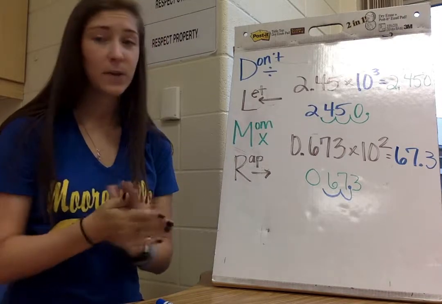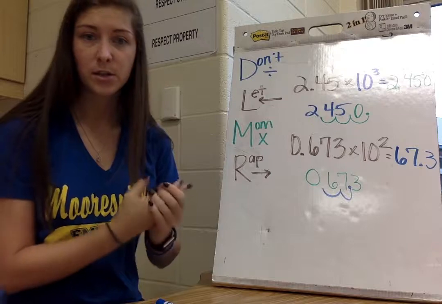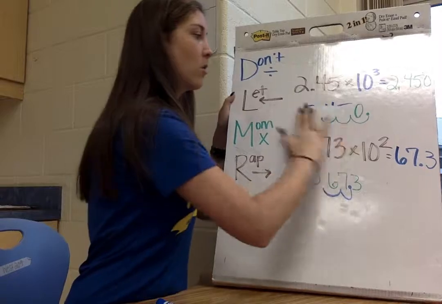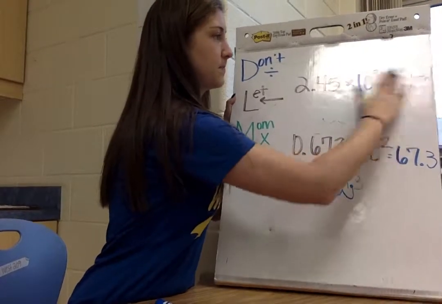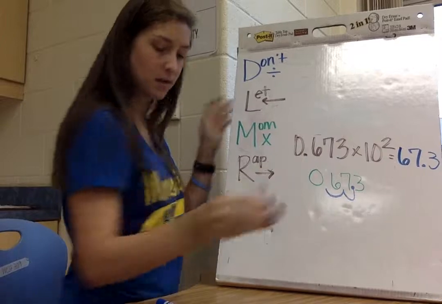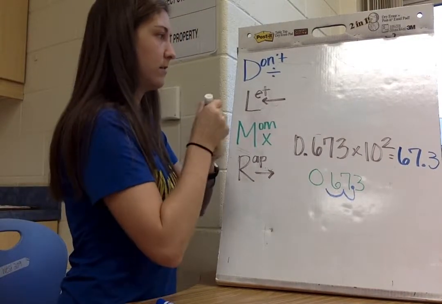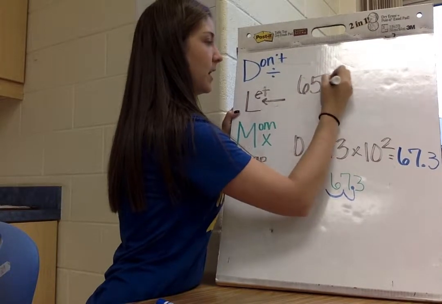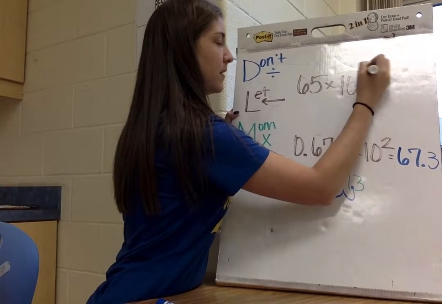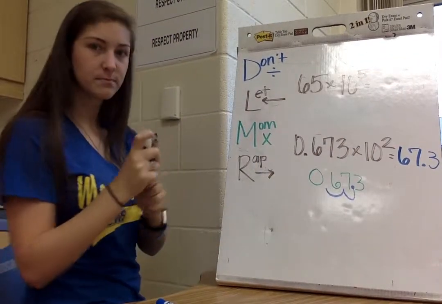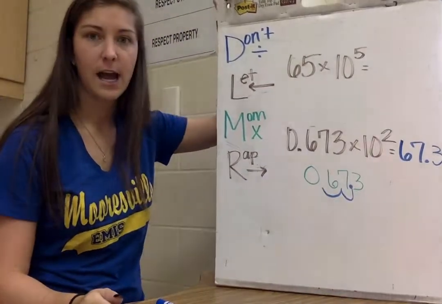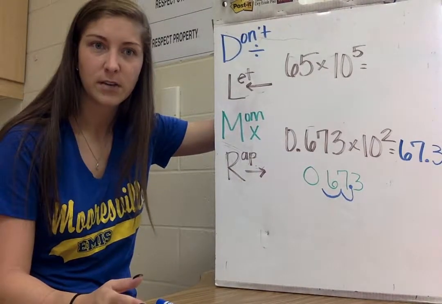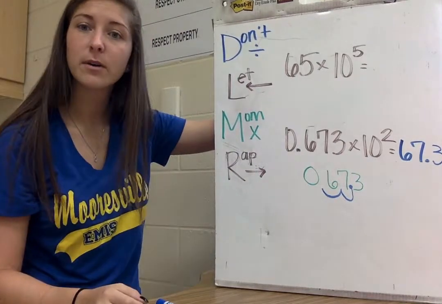Okay? Now, we can get into much bigger numbers where we start talking about 10 to the 5th power, 10 to the 6th power, those types of things. So we're going to look at one of those questions as well. If I have 65 times 10 to the 5th power equals. Well, we talked in class about whole numbers, and a lot of you struggled because there's not a decimal anywhere in there.